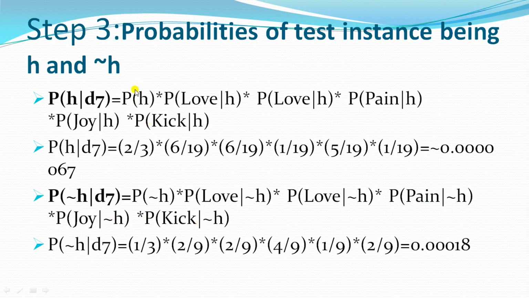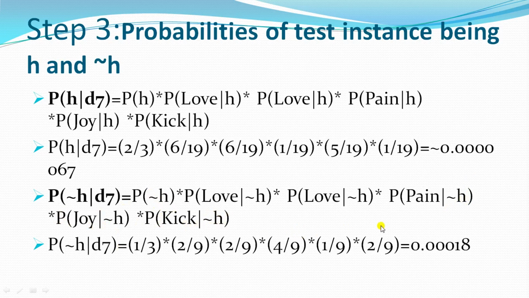That is similar to this one, P of negation of H into P of love, but in the class negation of H. That is 2 times because love is 2 times in this particular test data. Then P of pain, for the negation of H class. Then P of joy, negation of H class. Then P of kick for negation of H class.